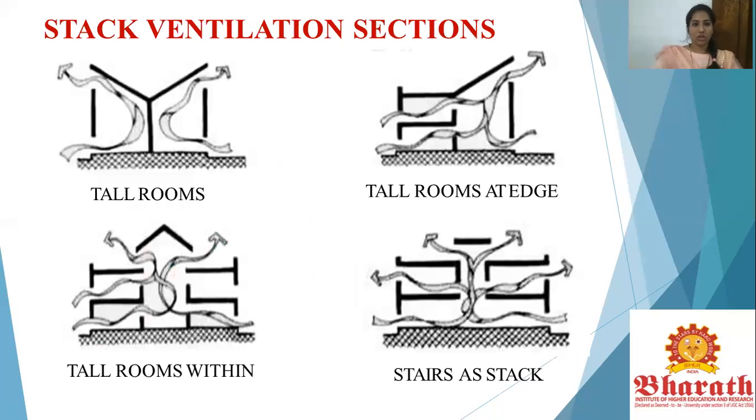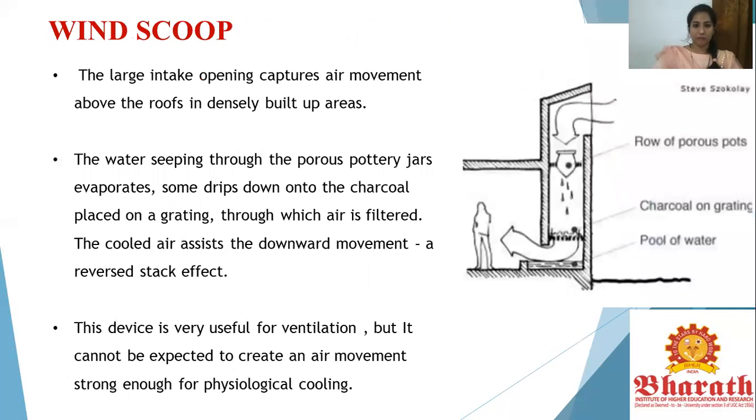Stack ventilation can be worked out in sections, for example when you have very tall rooms that are commonly shared, or tall rooms that act as shafts at the edge or in the center. Or the staircase could act as your stack element, so instead of having just a center shaft, it could also double as your staircase.